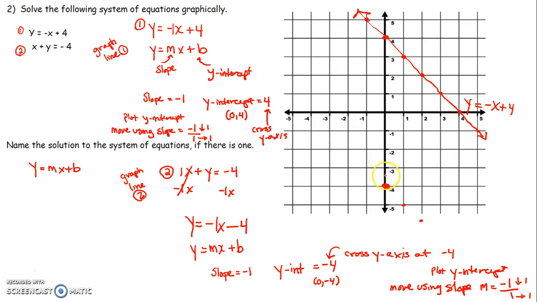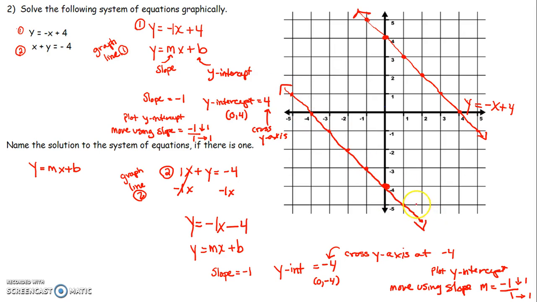Now, mind you, I don't have a straight edge in front of me, so my line's going to look a little bit wonky. It's ugly, but it's there. Okay, so that's line 2.